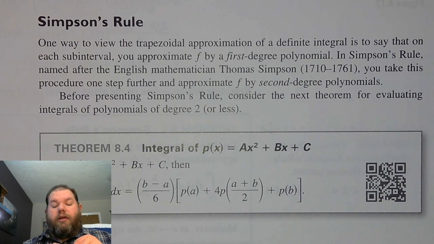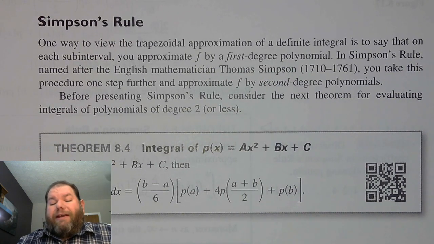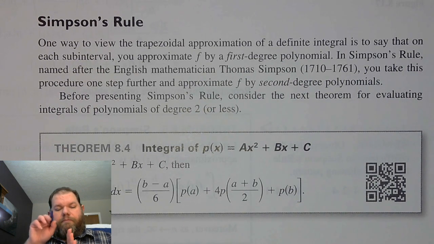What we do different in Simpson's rule is, instead of having just a flat diagonal, we're going to use a second-degree polynomial, basically connecting those two edges, left and right side of the trapezoid. Instead of a straight line, we'll have a quadratic curve. Okay?